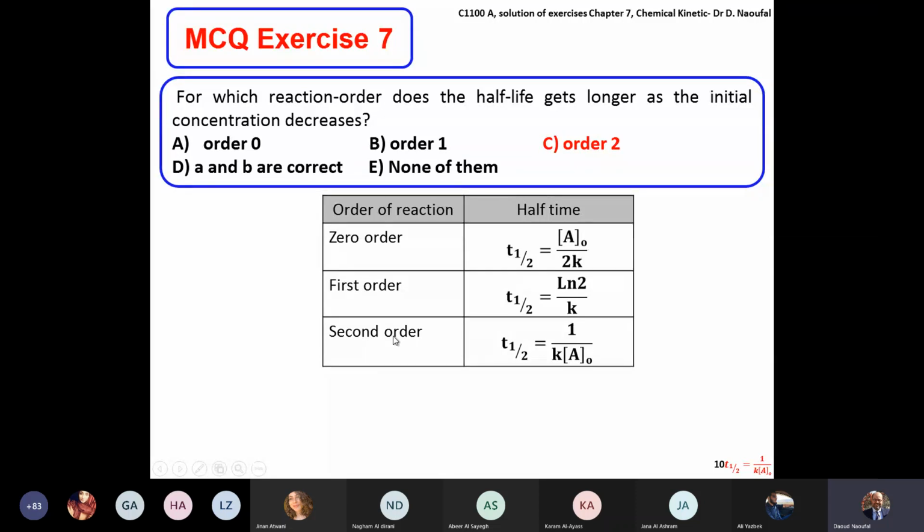And in the second order, if you did, for example, 2 experiments at different initial concentrations, as the concentration of A decreases, the T-half increases. So the answer, for which reaction order does the half-life get longer, meaning increase, as the initial concentration decreases, is T-half for a second order reaction, and the correct answer is C.